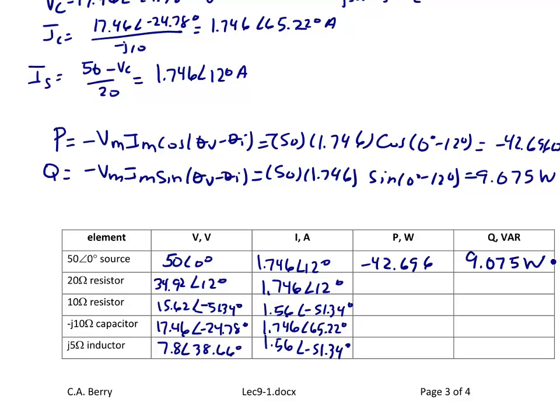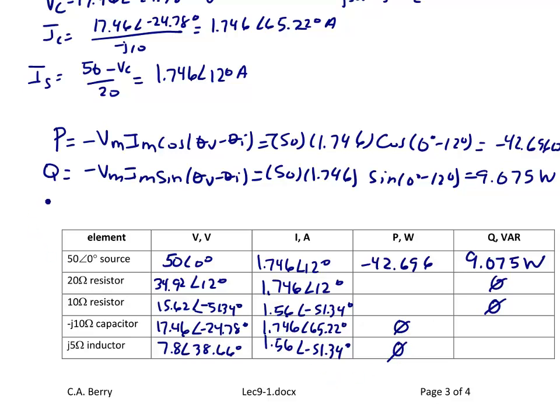So now recall, resistors have a Q value of 0. Capacitors and inductors have a P value of 0. So we only need to find one or the other. So for the 20 ohm resistor, I can go ahead and put Q is 0. And for the inductor and capacitor, I can go ahead and put P as 0.